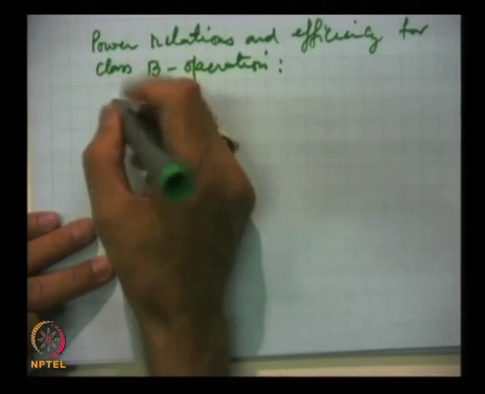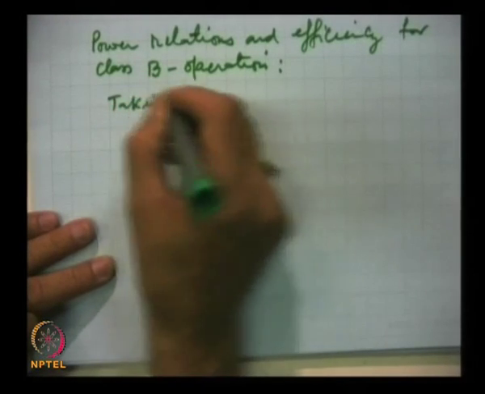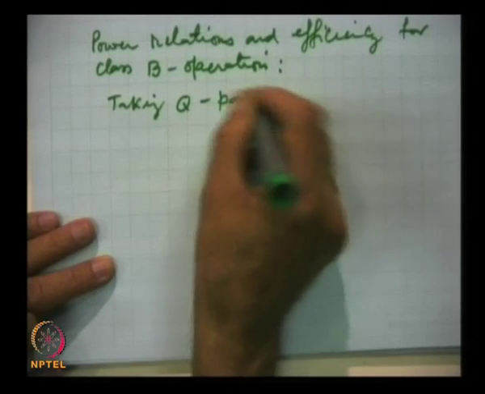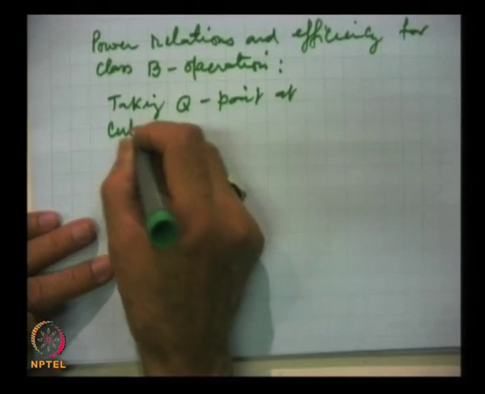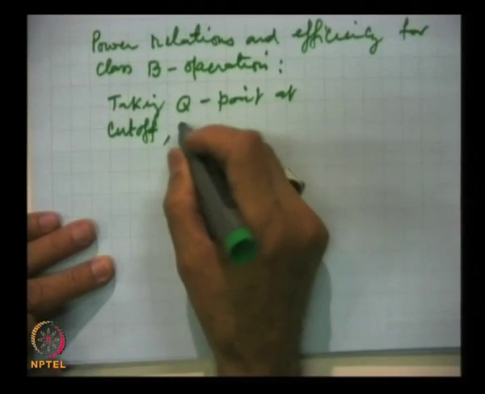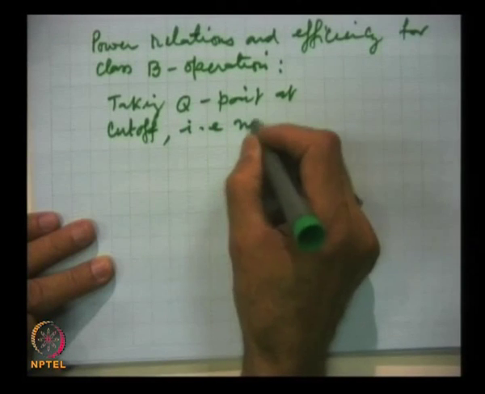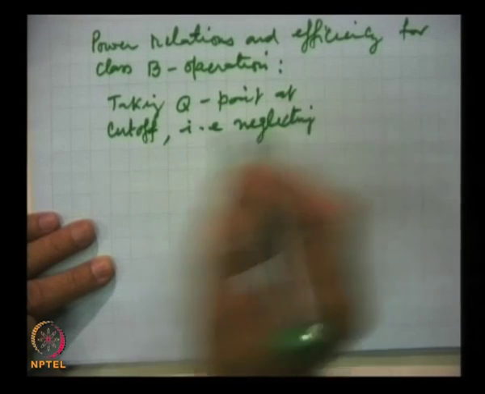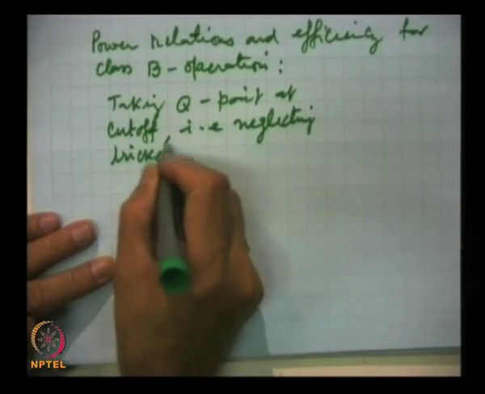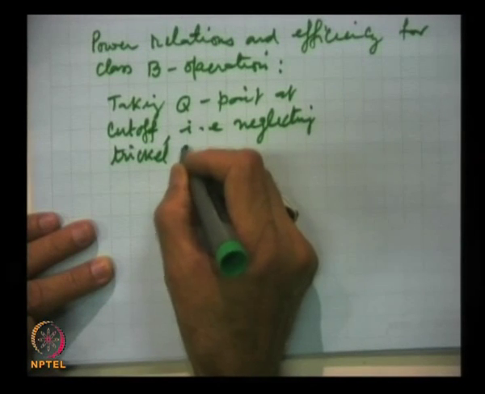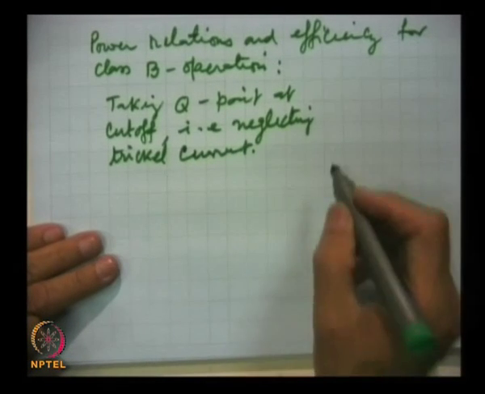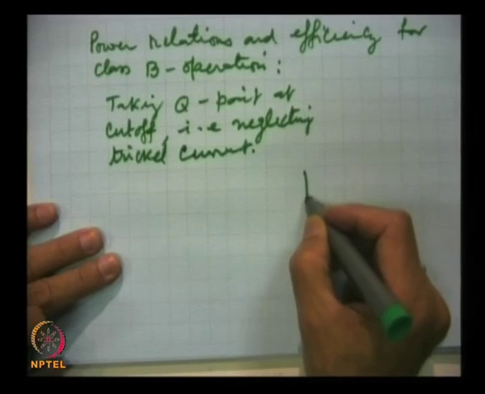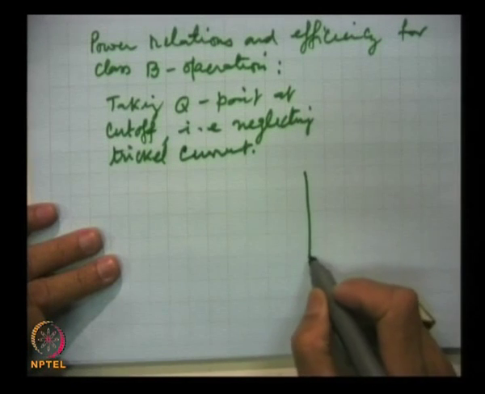So, taking the Q point at cutoff, that is, neglecting trickle current, this is the situation.